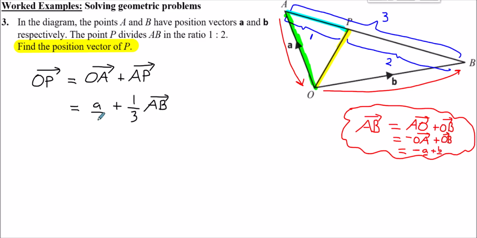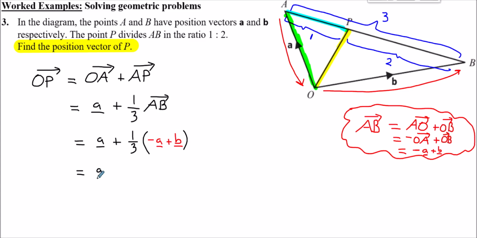So we can sub in this to help us. So OA is A, we can leave this like this, plus 1/3 of the distance from A to B. So from A to B, like we worked out here, we said that's minus A plus B. So expand this out like we would do in terms of algebra.